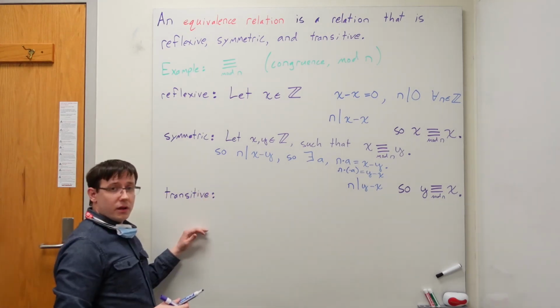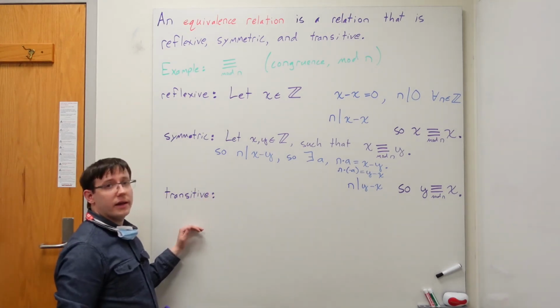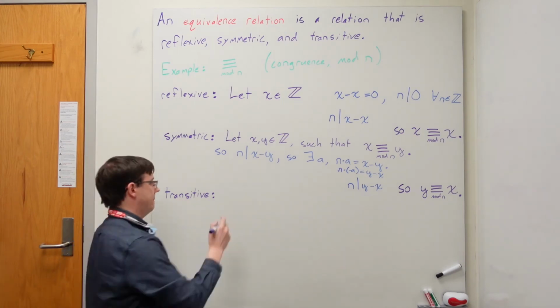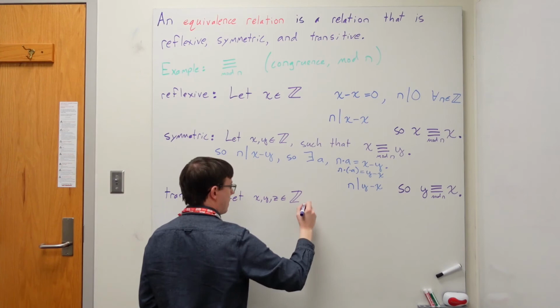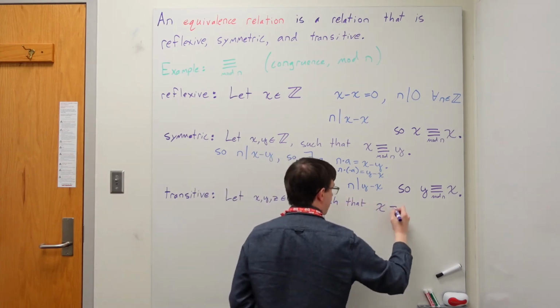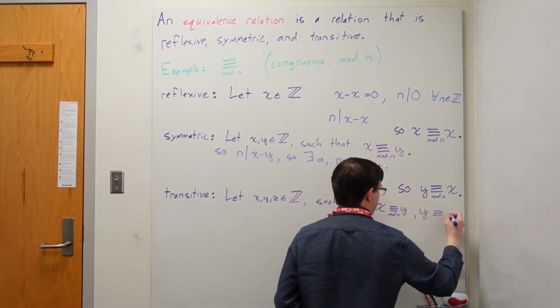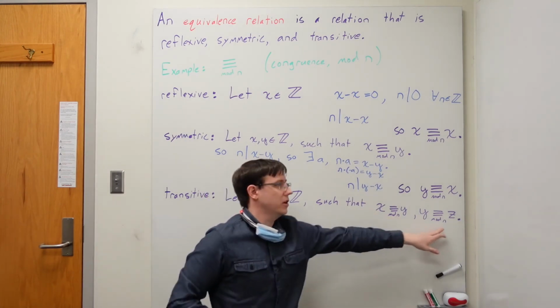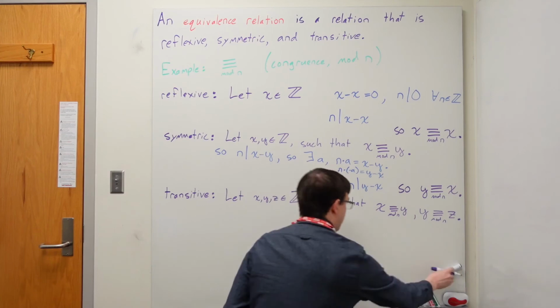For transitivity, we want to hypothesize that x is congruent to y and y is congruent to z. And from this hypothesis, we want to conclude that x is congruent to z mod n.